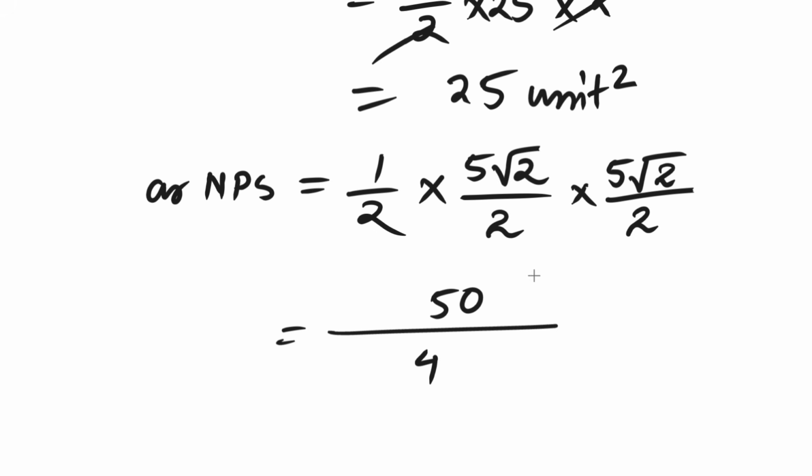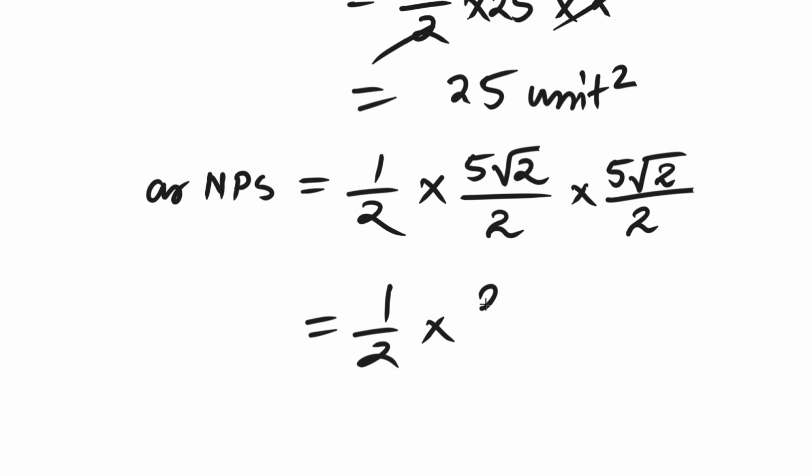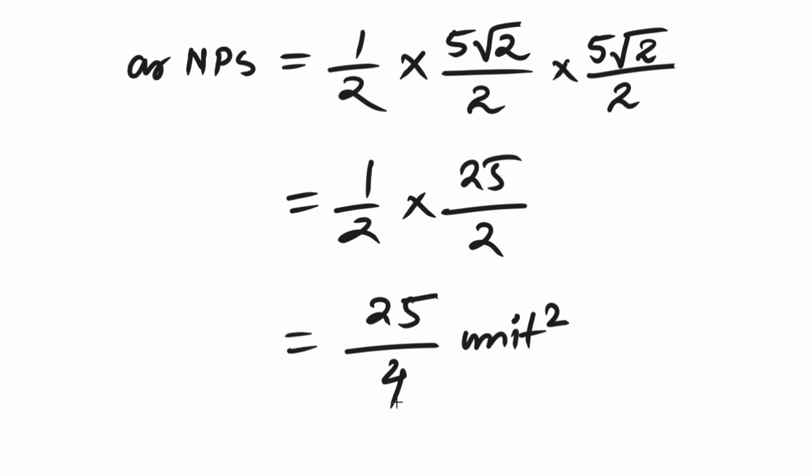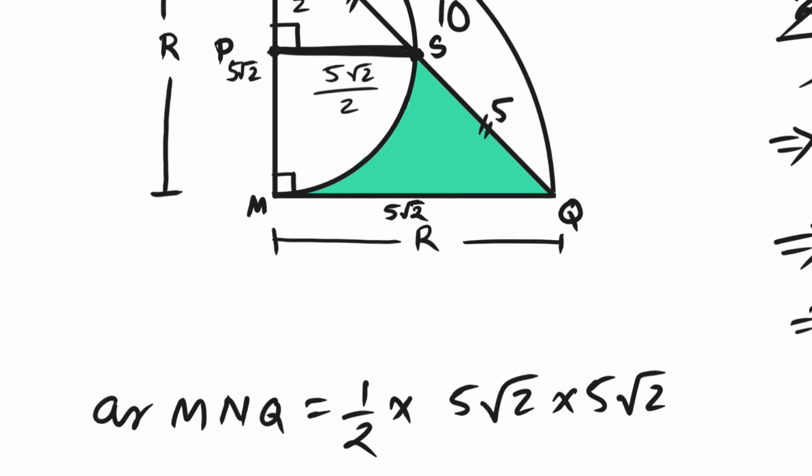So the product of those two side lengths is 50 divided by 4, which simplifies to 25 divided by 2. Now multiply by 1/2. We get 1/2 multiplied by 25 divided by 2, which gives us 25 divided by 4. Therefore, the area of triangle NPS is 25 divided by 4 square units.